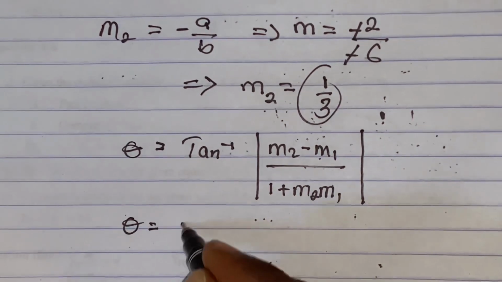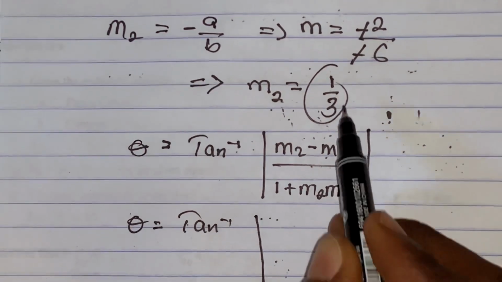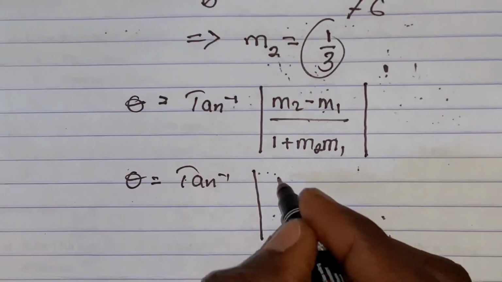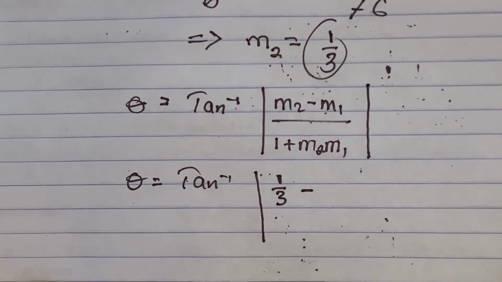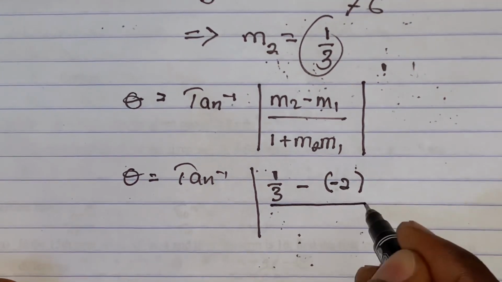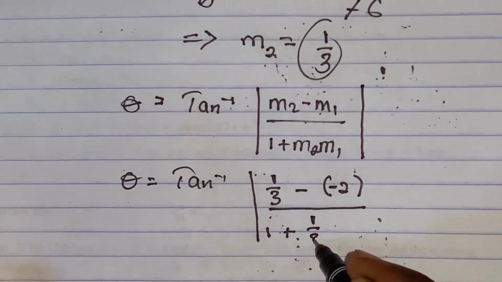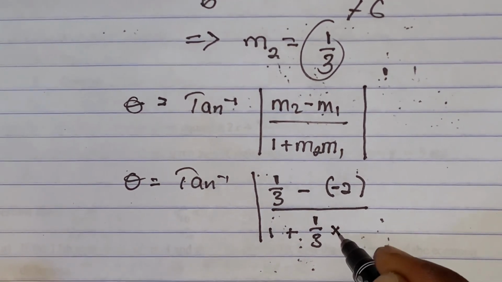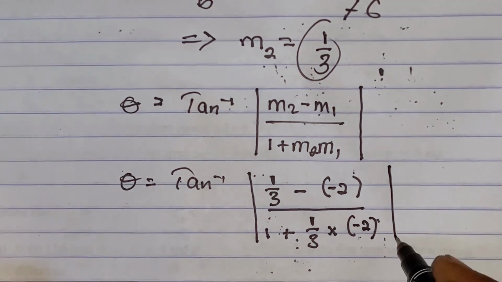Theta equals tan inverse of m2, which is 1 divided by 3, minus m1, which is negative 2, then divided by 1 plus m2, which is 1 divided by 3, multiplied by negative 2 as m1.